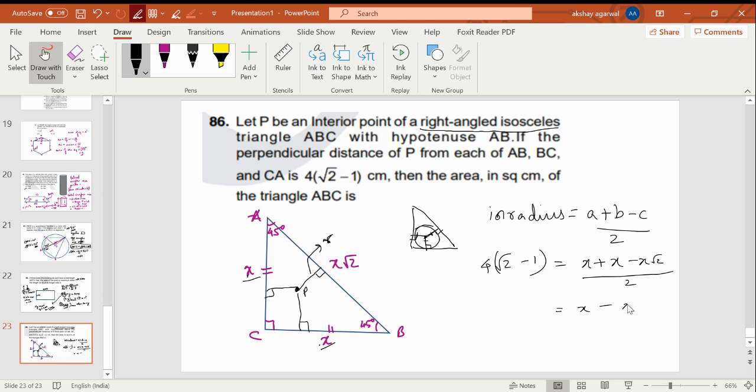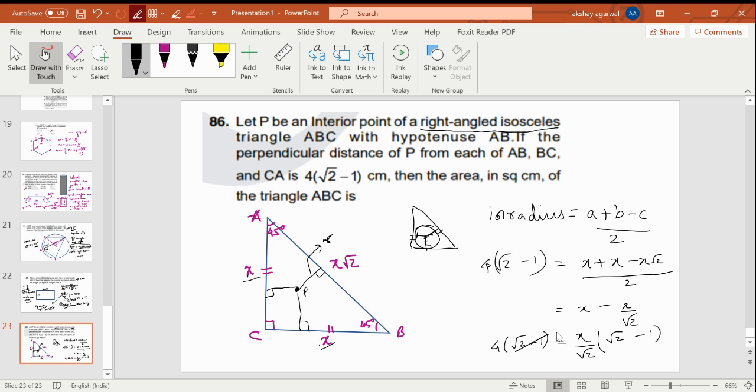So that will be x upon root 2 into root 2 minus 1 is equal to 4 into root 2 minus 1.